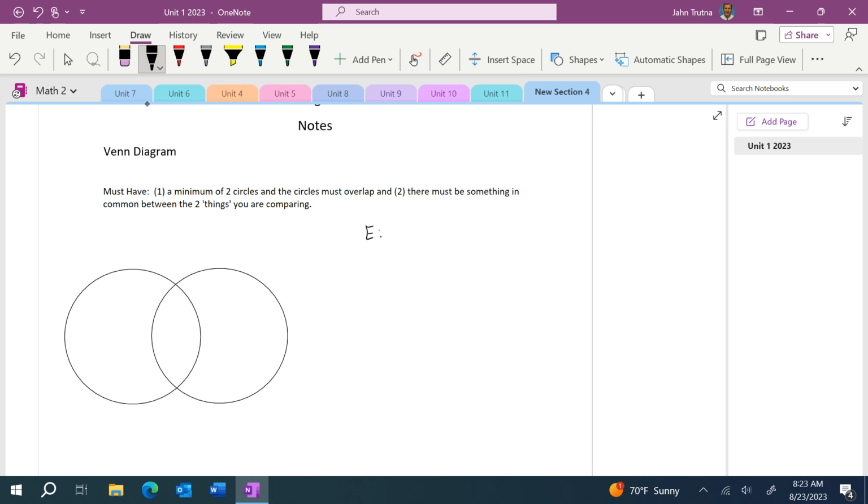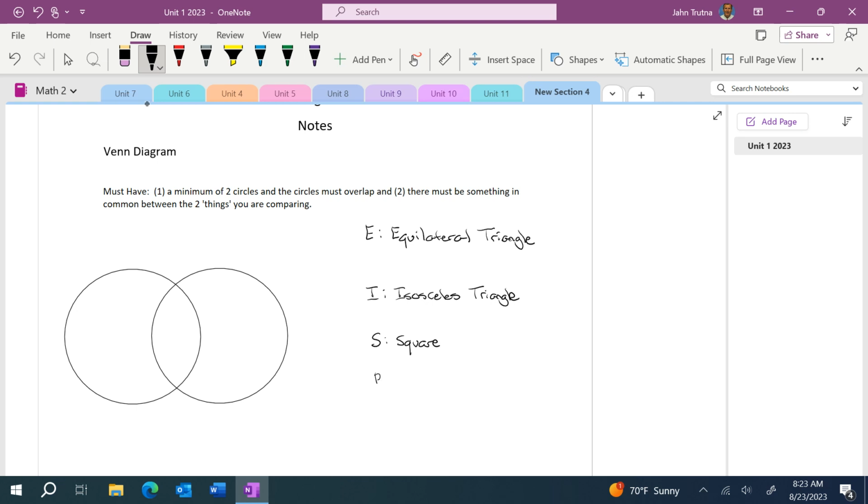We're going to have the letter E, which is going to represent equilateral triangles. Equilateral triangle. We're going to have the letter I, which will represent isosceles triangles. Letter S, which will represent square.